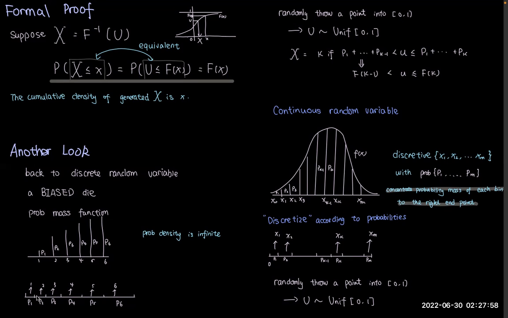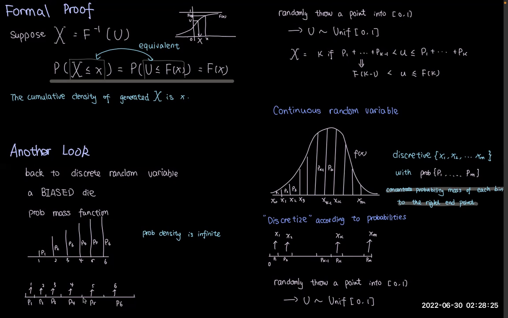And then you can divide the range from 0 to 1 into 6 intervals, so that the length of each interval corresponds to the probability, and the sum of the lengths of all the intervals equals 1. And then what we do is we randomly throw a point into this unit interval from 0 to 1, this big interval, right?